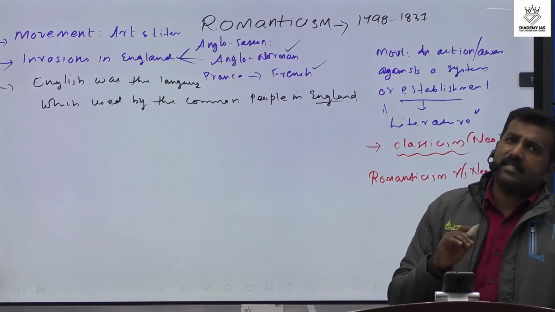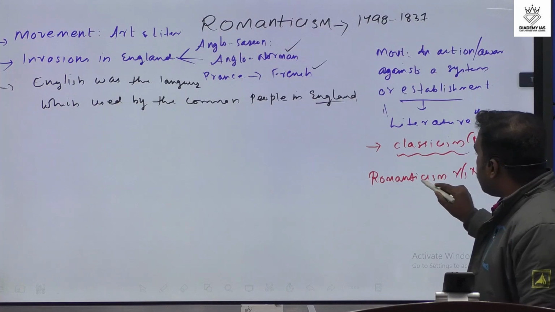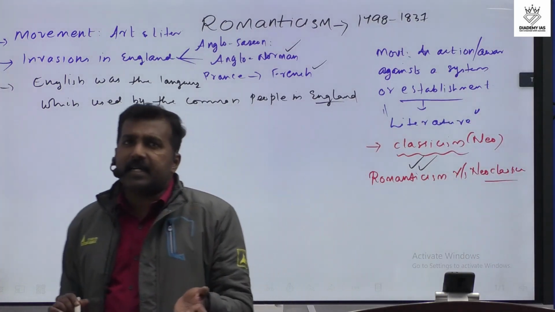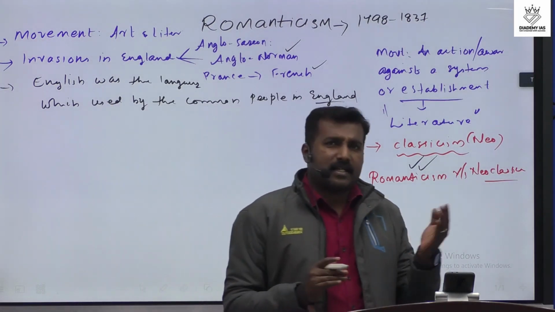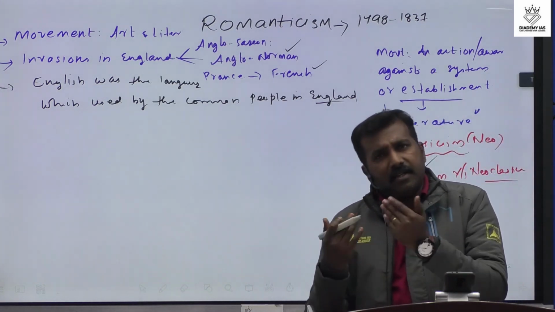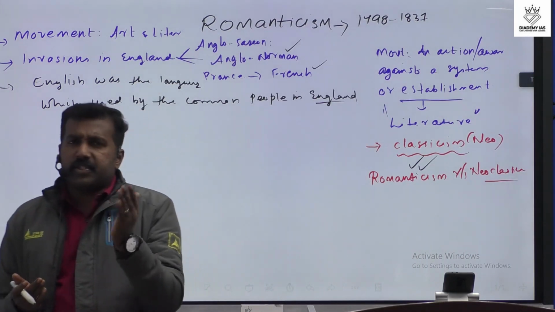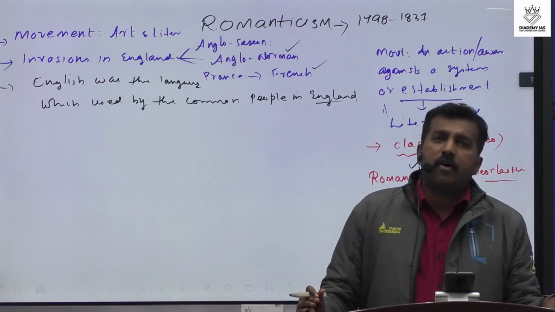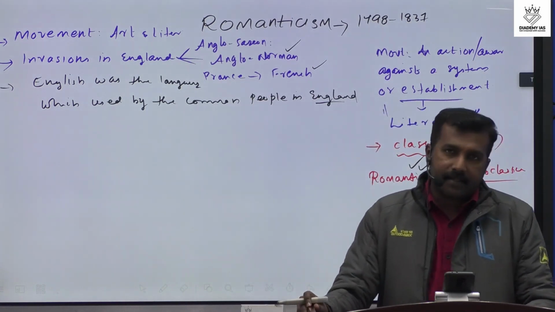So that was the system existing in England. And at that time also there were a lot of literary works. That period we can classify as classicism, with different literary works, but they were not for the common people, they were for the higher community or educated people in England.